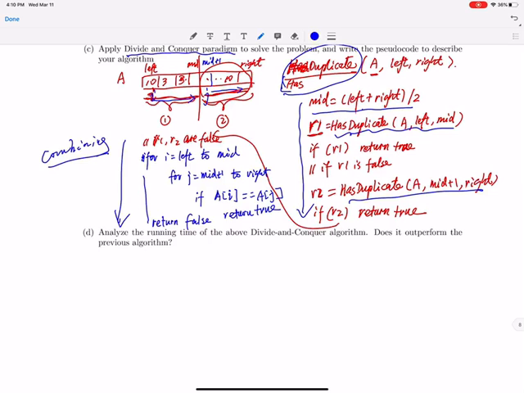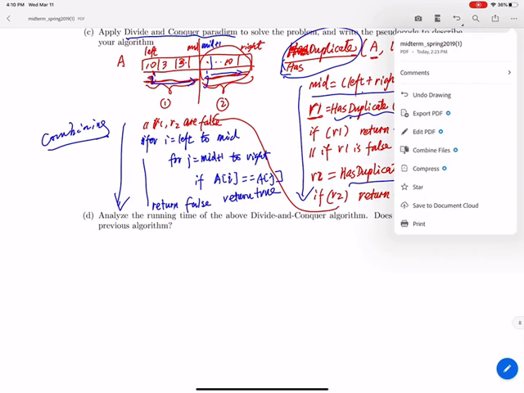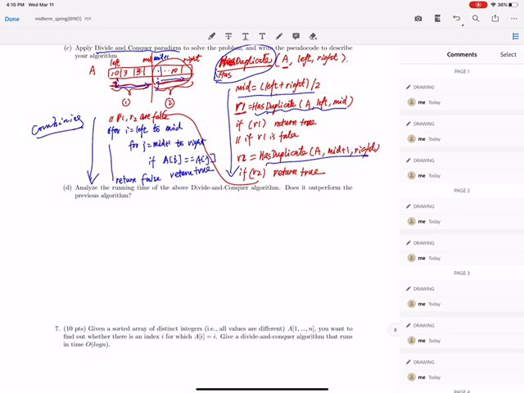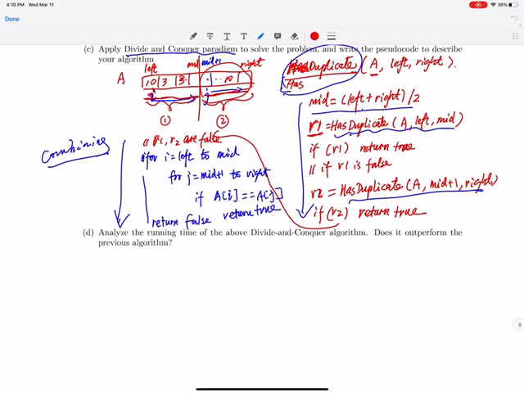So the very first step is identifying what is the problem size, right? What is n representing?